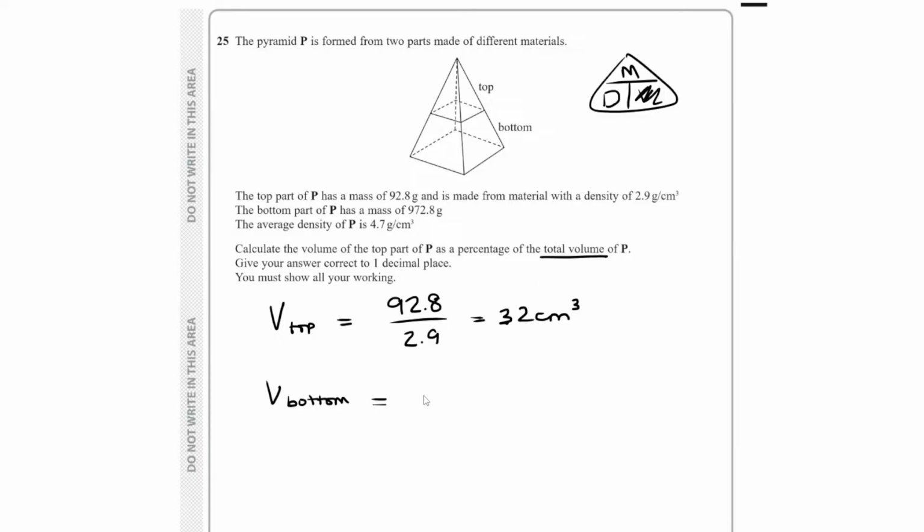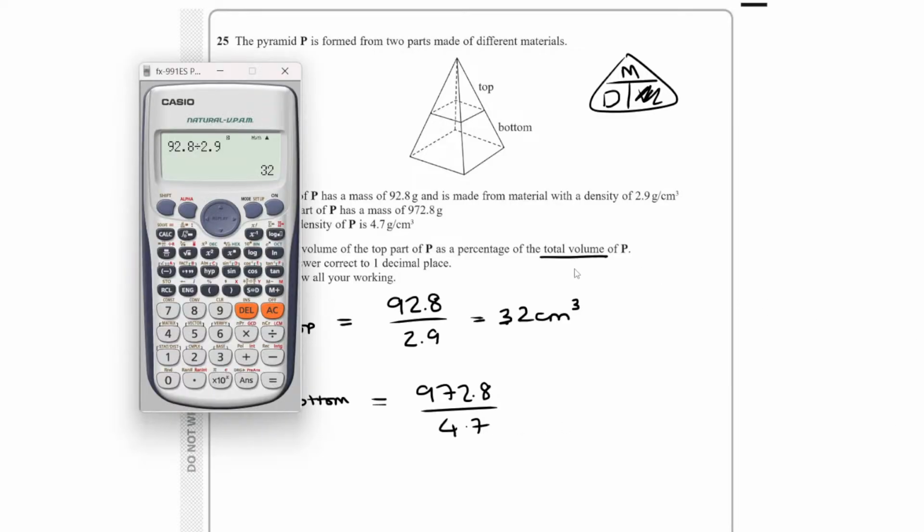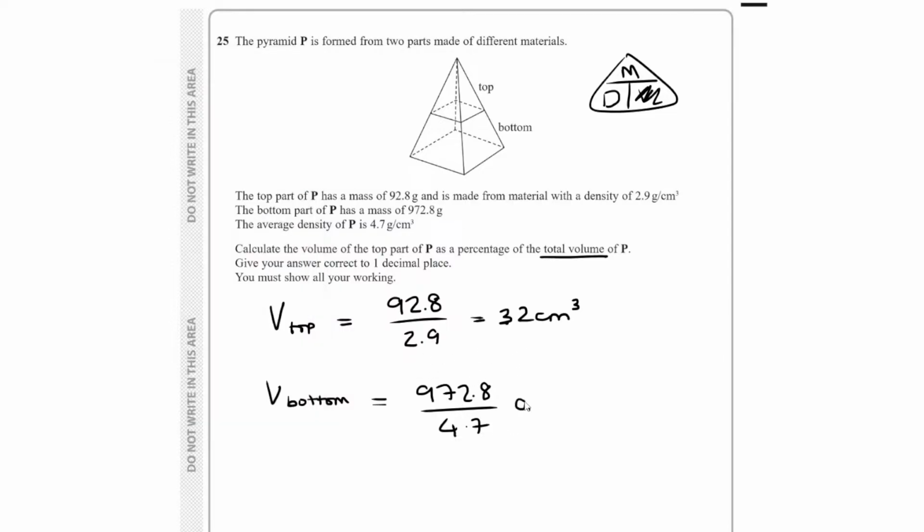So the volume of the bottom bit, 972.8 grams over 4.7 density. 972.8 divided by 4.7. Okay, that one gives me loads of decimals, so I'm probably going to leave it as a fraction. That one's centimeters cubed.